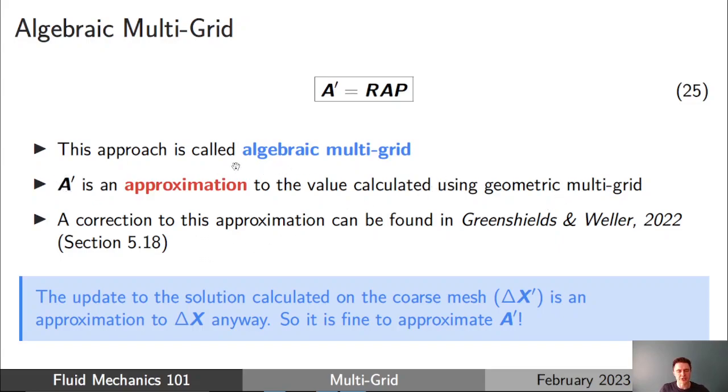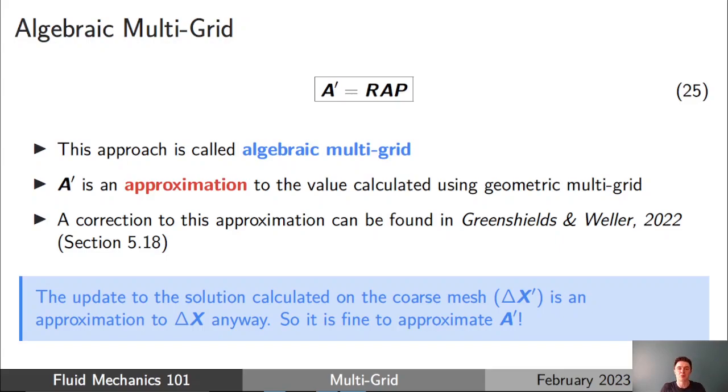So if we use this approach, the algebraic multigrid, what's going to be the problem here? Well, it's really important to remember that when we're solving that correction equation, A prime x prime is equal to R prime on the coarse mesh, the solution, delta x prime, is only an approximation to what the update should be on the fine mesh anyway. Because when we move it back to the fine mesh, we calculate post-smoothing iterations of the Gauss-Seidel algorithm.